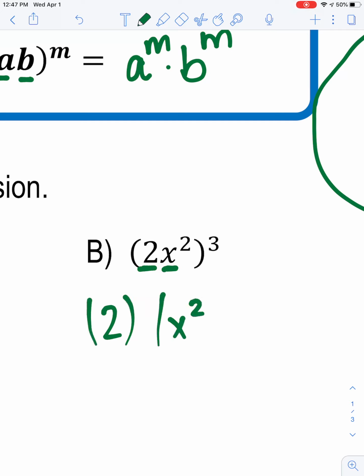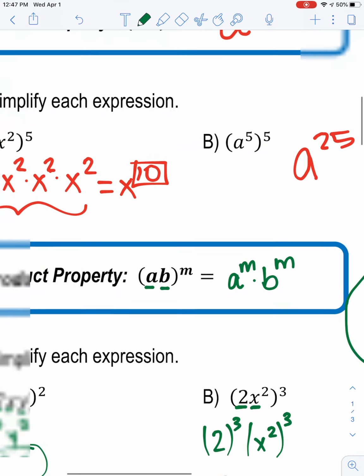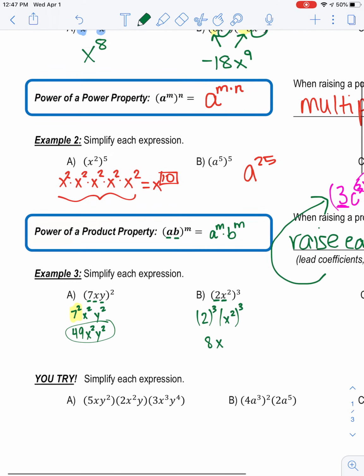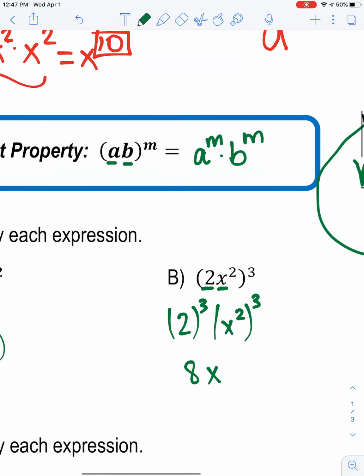And then I'm going to put each of those in parentheses to the 3rd power. So when I take just 2 to the 3rd power, that's 2 times 2 times 2, which is 8. When I take x to the 2nd to the 3rd, this is a power to a power, which was our second property today. So that's where I multiply, so 2 times 3 would be a 6.